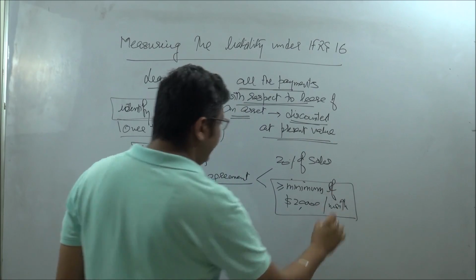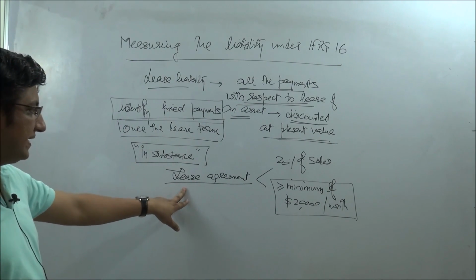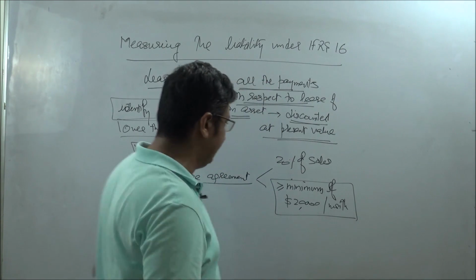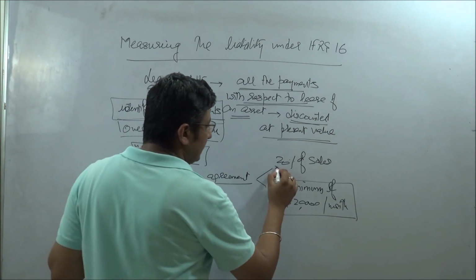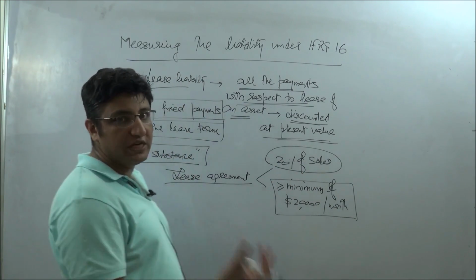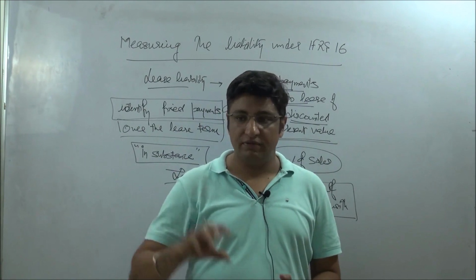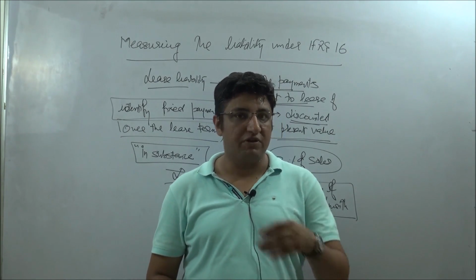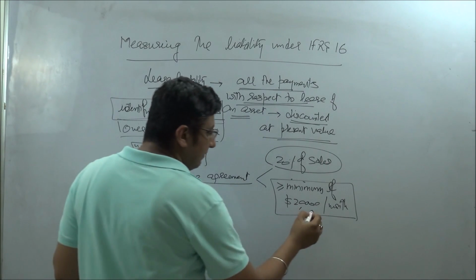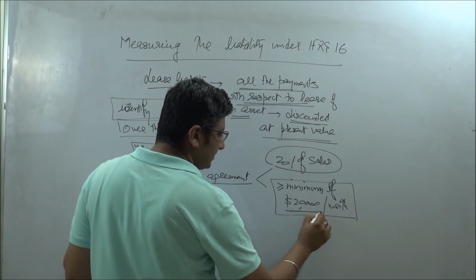So my lease agreement says that over the period of the lease, the lessee should be paying 20% of the revenue generated by the use of the asset, subject to a minimum of, let's say, $20,000 a month.